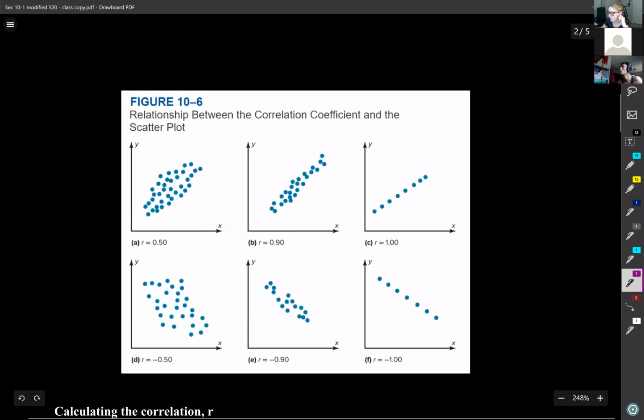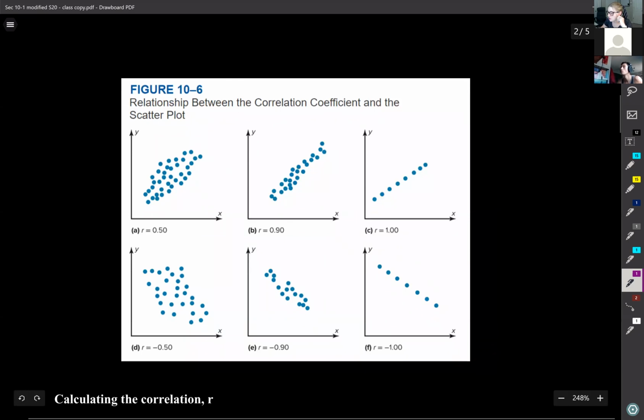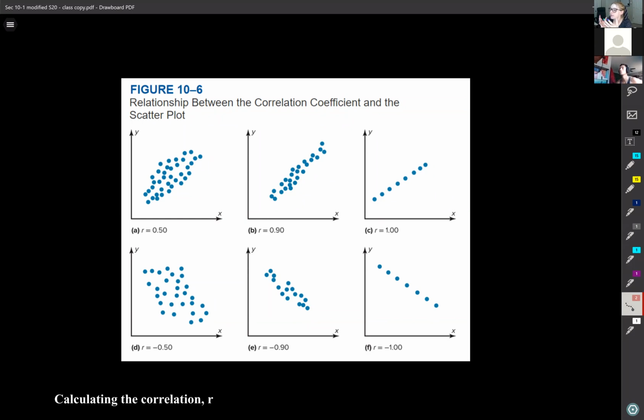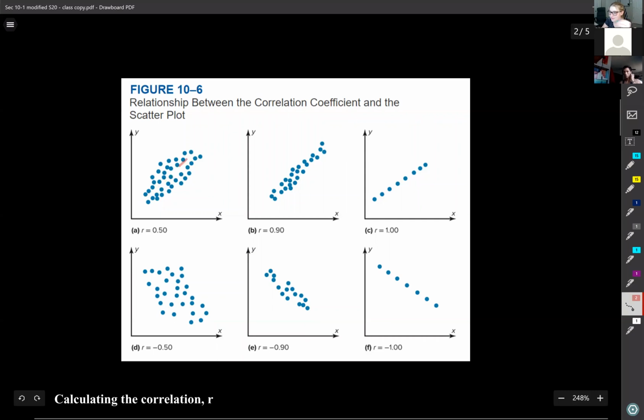Then I have this figure from the textbook that shows some examples of linear relationships and what the R value is. Let's look at A. A says R is 0.5. These points on our scatter plot have a positive relationship: as one increases, the other increases.